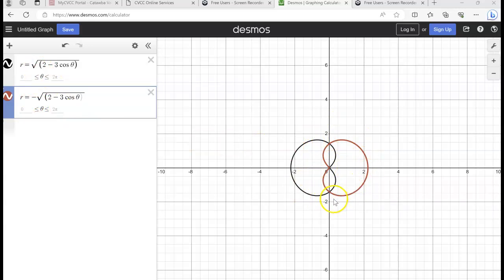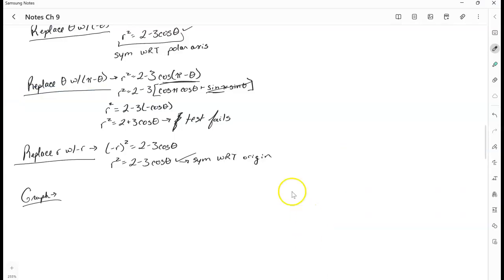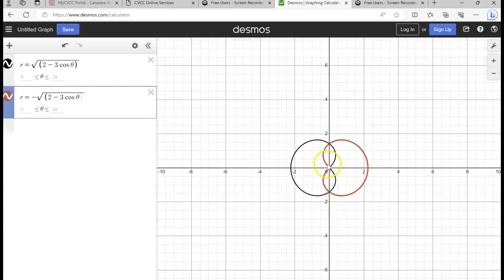So we can see the symmetry that we confirmed over here with respect to the polar axis and with respect to the origin. But notice our test failed when we checked that second one, which was with respect to the y-axis. But if we were to look at that graph, we actually do have symmetry with respect to the y-axis. So this side is symmetric to this side.